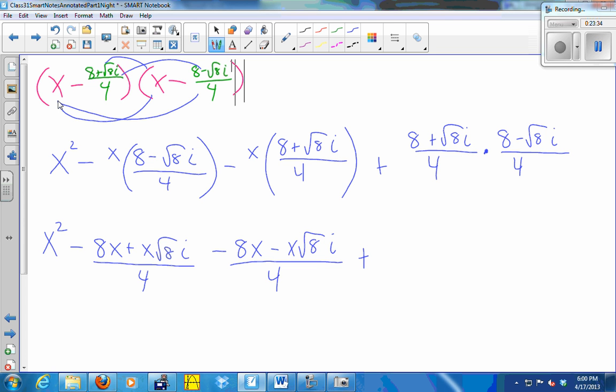So I have negative 8 times i squared, which is positive 8. Is that okay? Foiling those two together? All right.